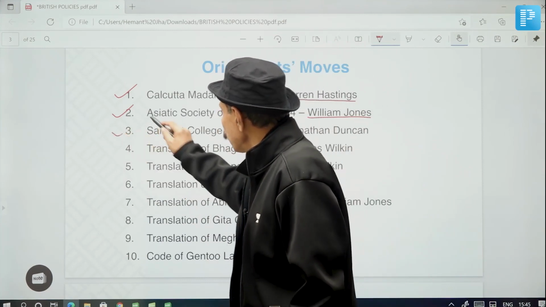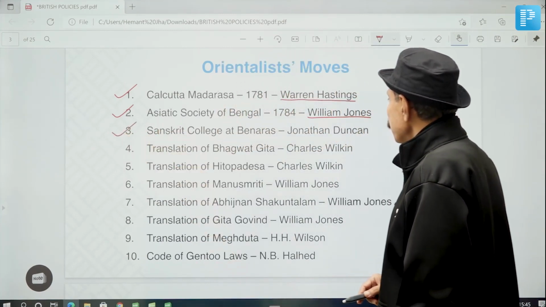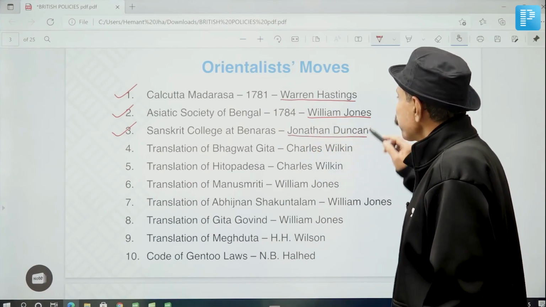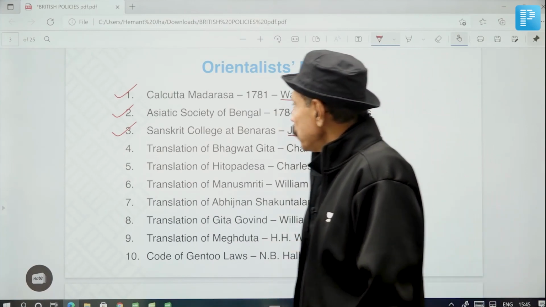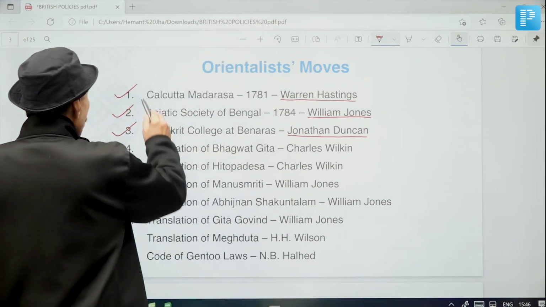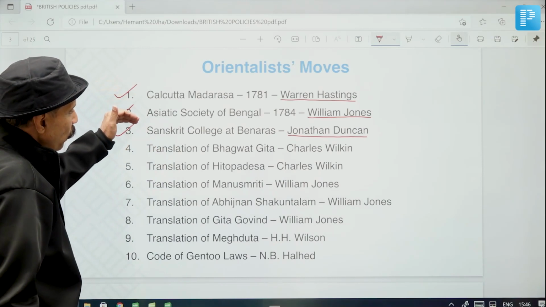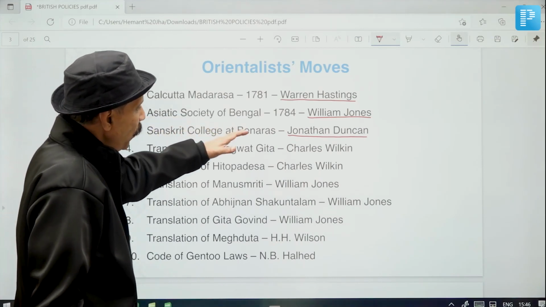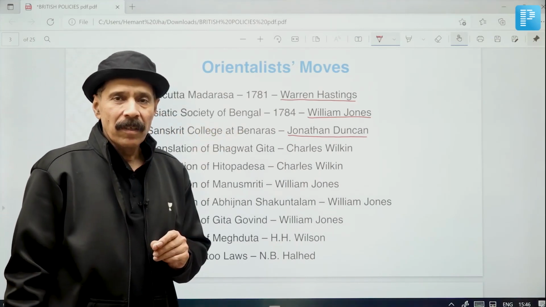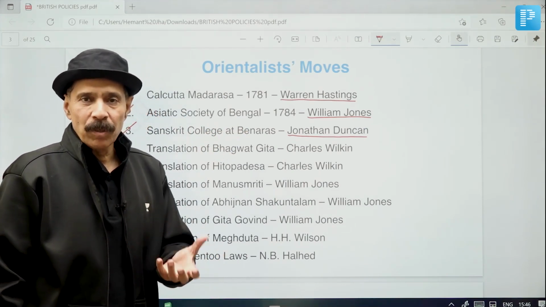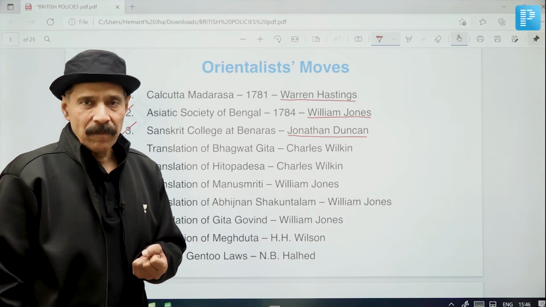Next, Foundation of Sanskrit College at Banaras by Jonathan Duncan. Now, consider foundation of these 3, Calcutta Madrasa, Asiatic Society of Bengal, and Sanskrit College at Benares. They were all meant for the study of India and to promote Indian studies.